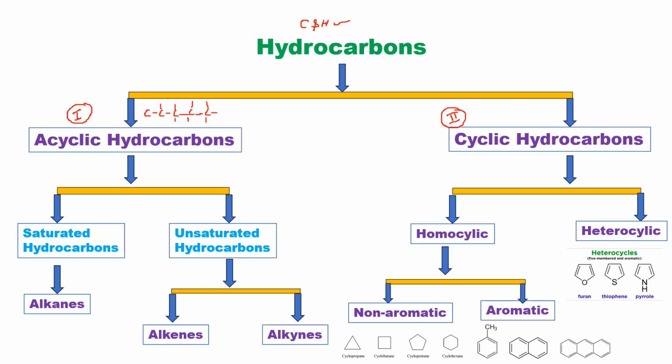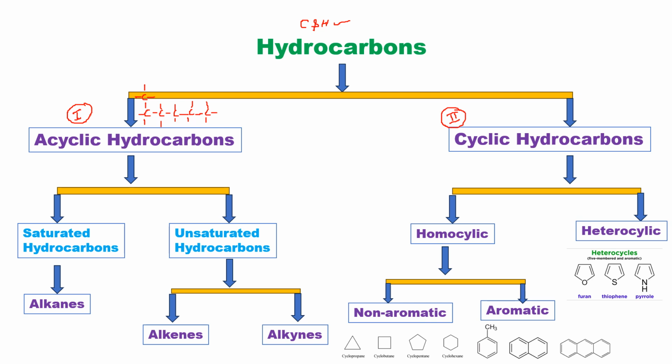Naturally, carbon atoms have the property of catenation, meaning self-linkage to form big chains. Acyclic means it is not cyclic. Sometimes we can call it branched. These compounds, straight chain or branched, we call acyclic hydrocarbon compounds.